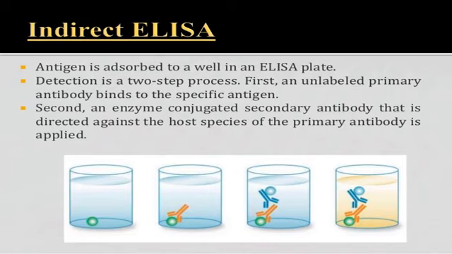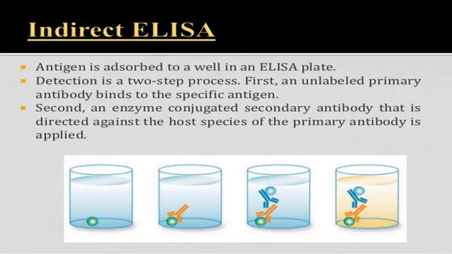The second step is adding the enzyme-linked secondary antibody, and then when adding the substrate, the color is developed. That is an indirect proof that the sample we provided has the specific antibody against the antigen.